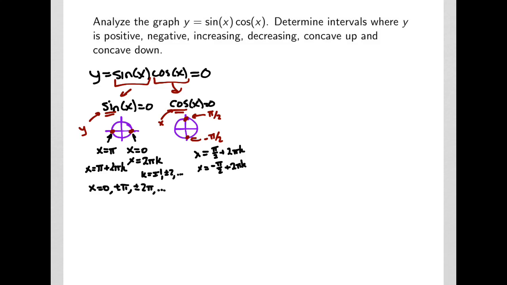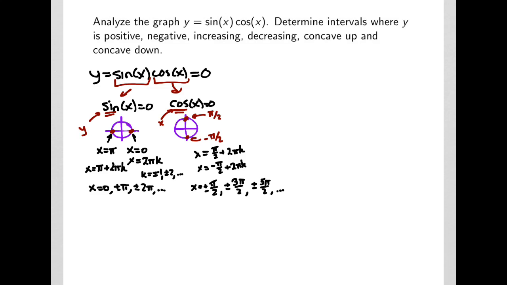And so if I thought about, well, what does this list create? This creates the list x equals pi over 2 and minus pi over 2. And then it gives me plus or minus 3 pi over 2, plus or minus 5 pi over 2, and on forever.